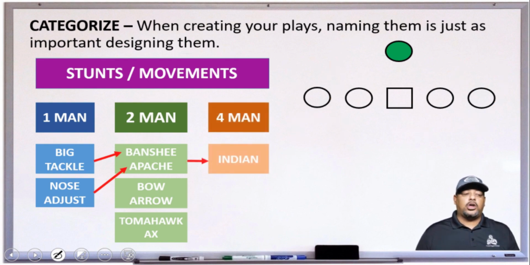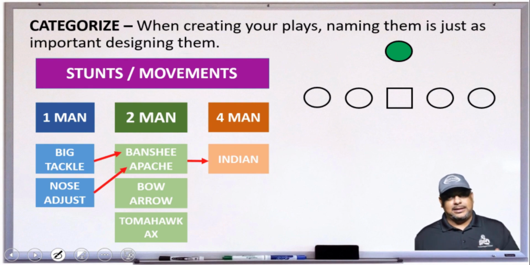So if I want to go all four, if I want to do a Banshee and Apache, or check this out, if I even want to go big, tackle, nose, adjust, I take it to the next level and say what? Banshee, Apache. Well, if I want both sides to do it, now I just simply call Indian. All right? Indian means inside. Notice how it goes. The Apache, Indians. I know Banshee is a ghost, but it's all the same thing.